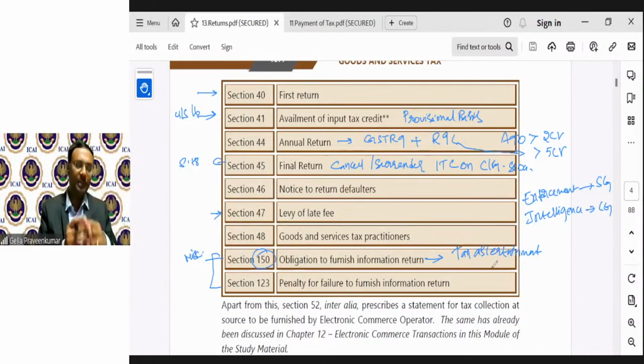For a moment, I'm a factory. I obtain a factory license from the Pollution Control Board. I file some returns with the labor inspector. Now, when I file information with the labor inspector, Rahim asked one question: when there is an unregistered supplier for 1 lakh, should I need to pay tax under reverse charge?